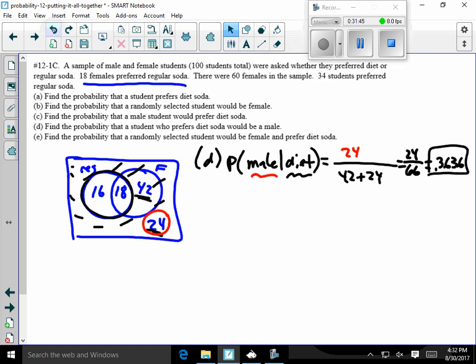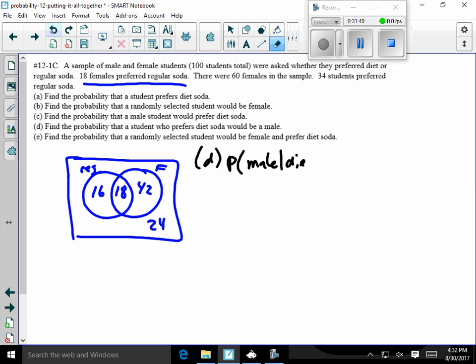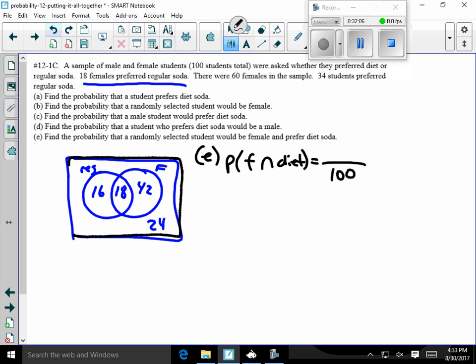Okay, and then for the last one, part E, we can find the probability that somebody is a female who prefers diet soda. So female and diet. Okay, this is back to being a simple probability, so it's out of the entire Venn diagram of 100 students.